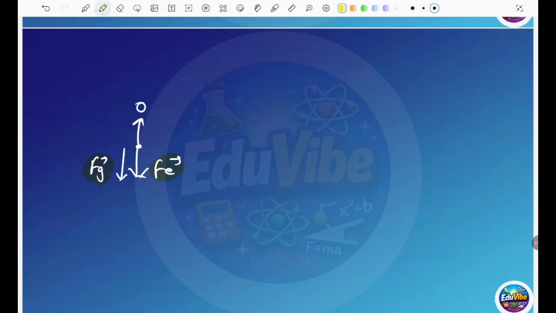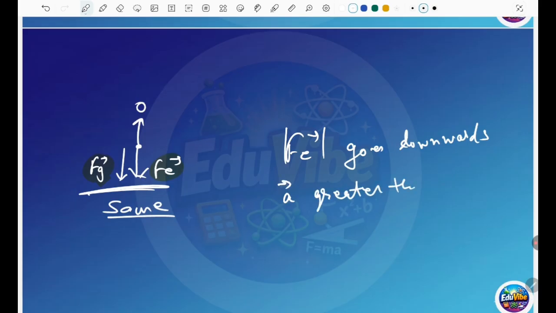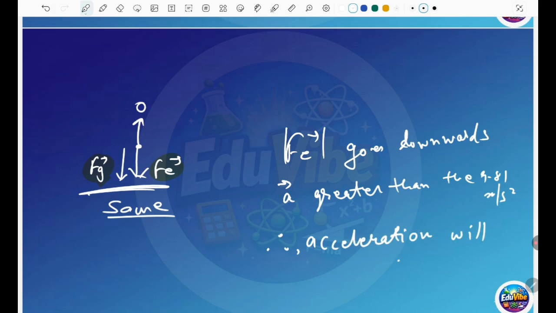So basically, when we change things, Fe goes downwards. If it goes downwards, both Fe and Fg are in the same direction now. This makes our acceleration greater than 9.8 meters per second squared. Therefore, the acceleration will increase.